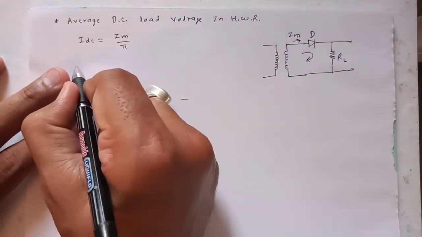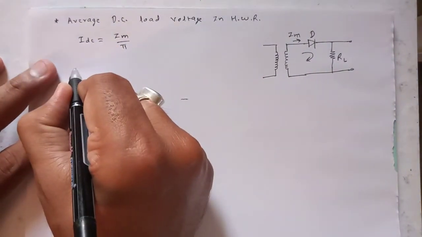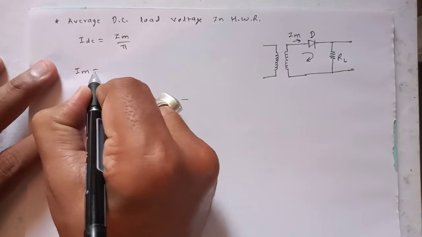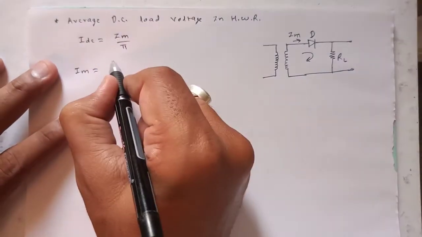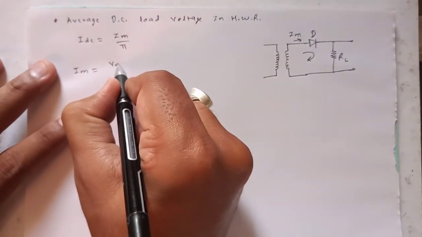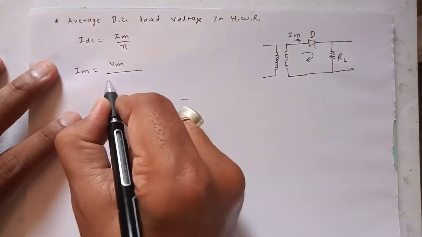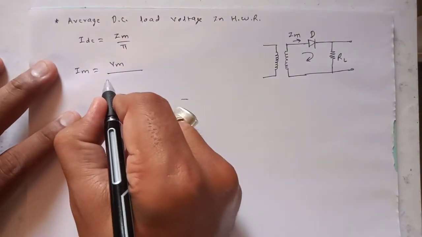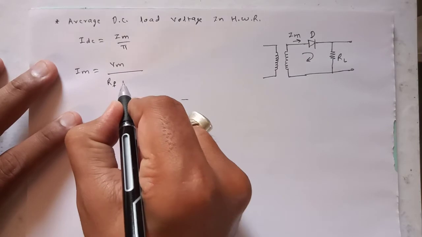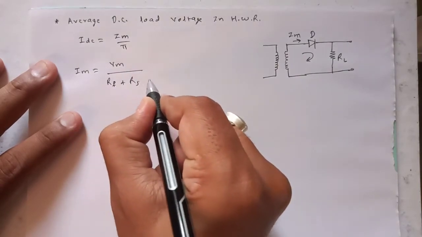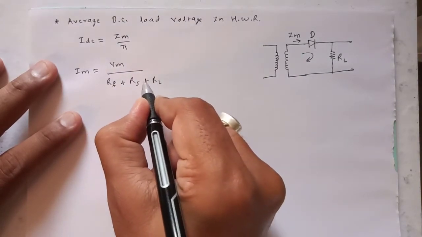Now applying KVL, we can get the equation for the current flowing is equal to Vm divided by resistance. So here we are having three resistances actually, Rf plus Rs plus RL.